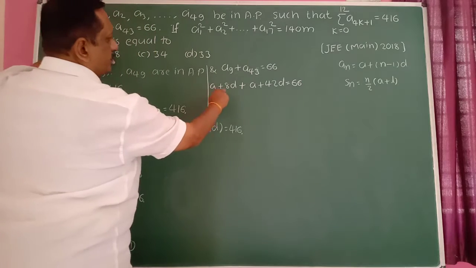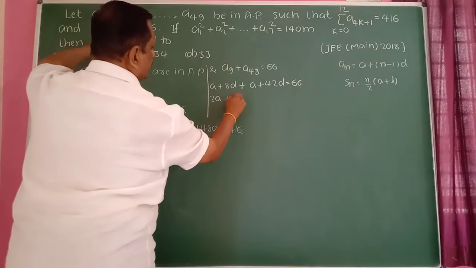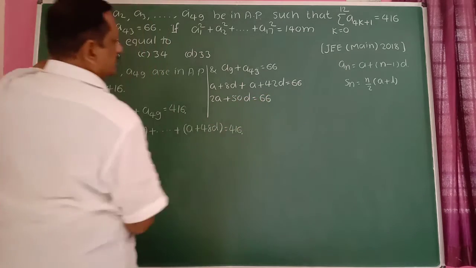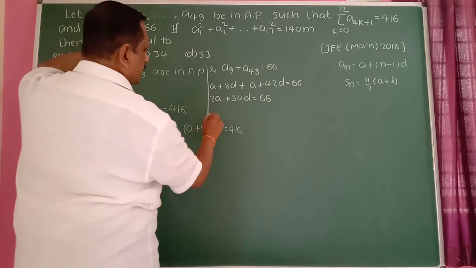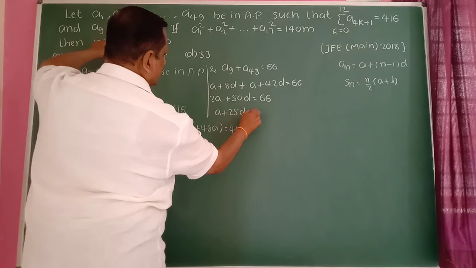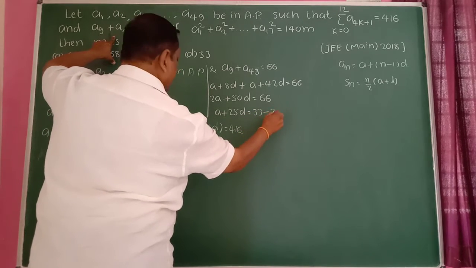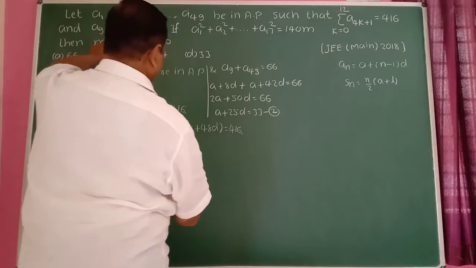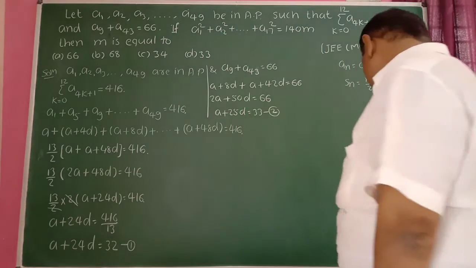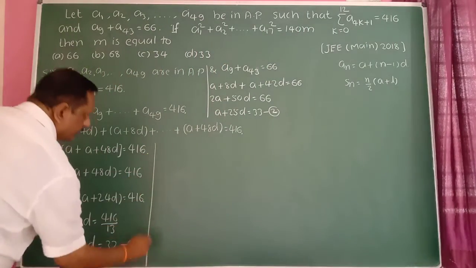A plus A becomes 2A, 42 plus 8 becomes 50D, equal to 66. Dividing both sides by 2, A plus 25D is equal to 33. Take this one as equation number 2. Then solving equations 1 and 2.